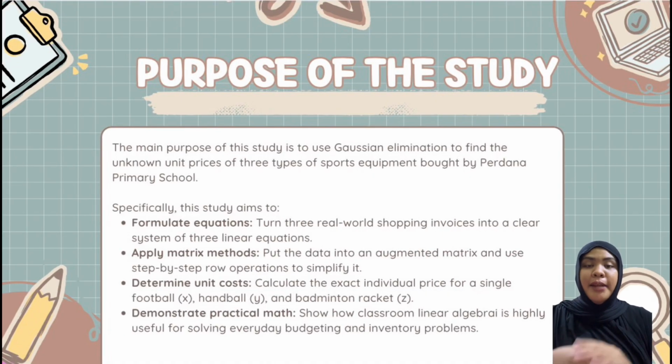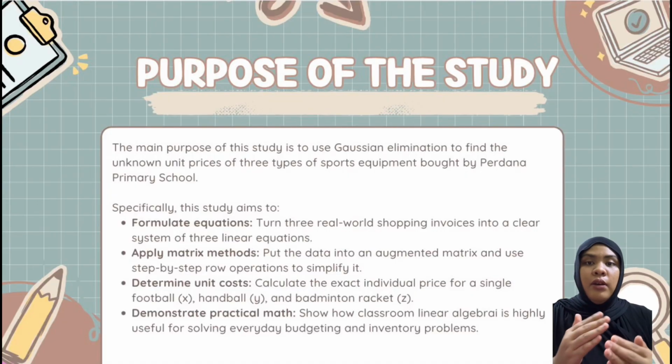Moving on, the main purpose of this study is to use Gaussian elimination to find the unknown unit price of 3 types of sport equipment bought by Perdana Primary School. Specifically, we aim to first formulate 3 linear equations from real-world shopping invoices. Next, we will apply matrix methods by putting this data into an augmented matrix and using step-by-step row operations to simplify it.